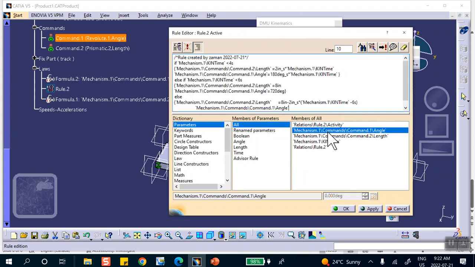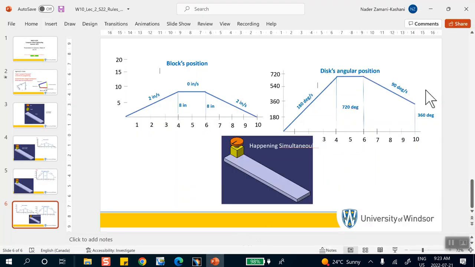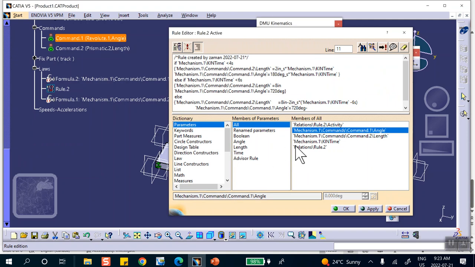and the angle is going to be 720 degrees minus, because again the propeller is turning backwards, 90 degrees per second with a minus sign, times time minus 6. We're almost done.